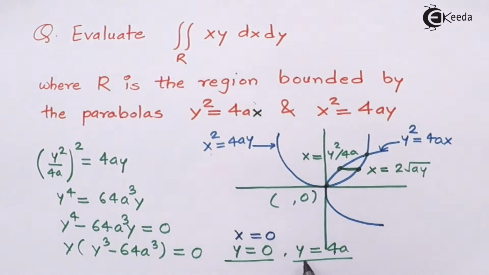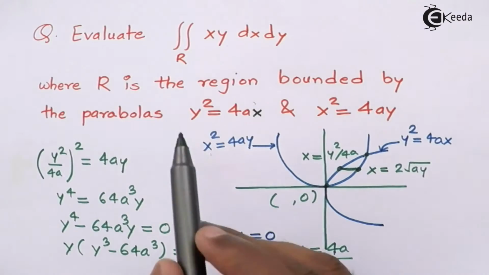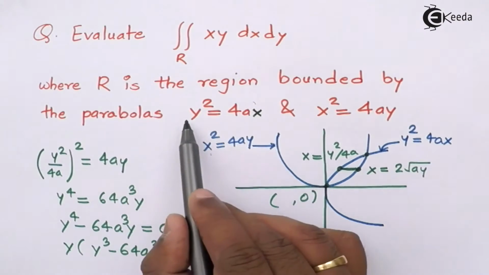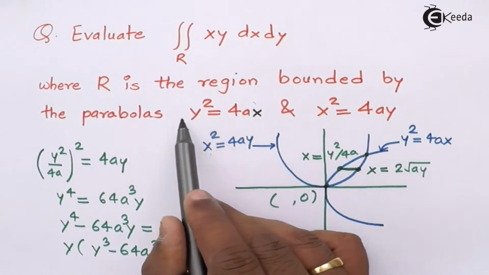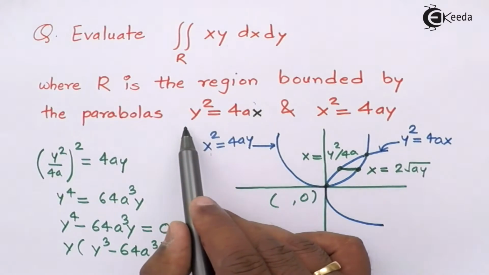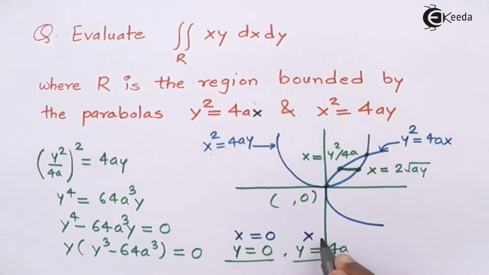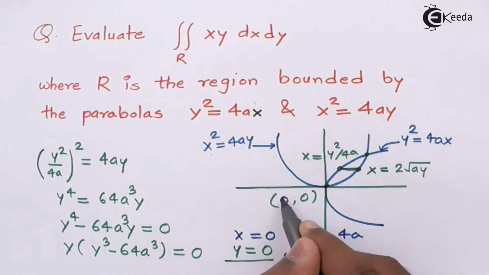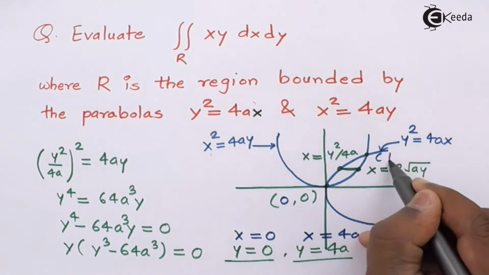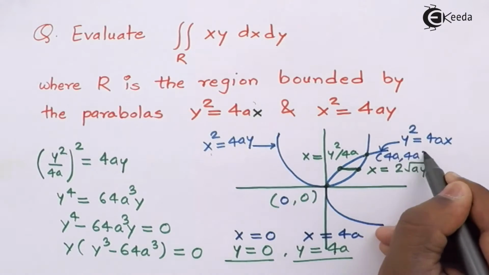Next, if y is equal to 4a, if I put it here, we'll get 4a square, which is 16a square. 16a square upon 4a will be 4a. Therefore, x will be 4a. So guys, we'll get the points of intersection as 0, 0 and 4a, 4a. So this is 0, 0, and this point is, here I'll write 4a, 4a.